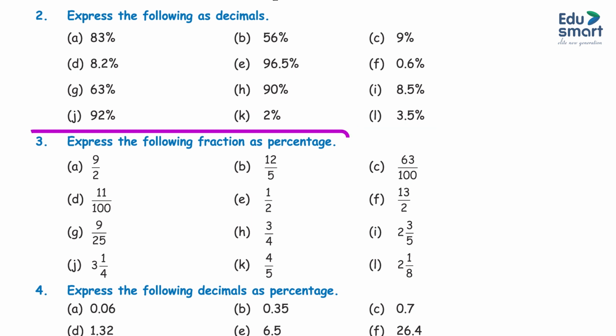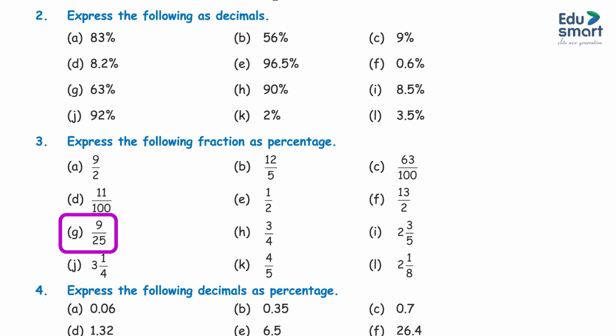Question 3. Express the following fractions as percentage. A 9 upon 50, 18%. B 12 upon 5, 240%. C 63 upon 100, 63%. D 11 upon 100, 11%. E 1 upon 2, 50%. F 13 upon 2, 650%.